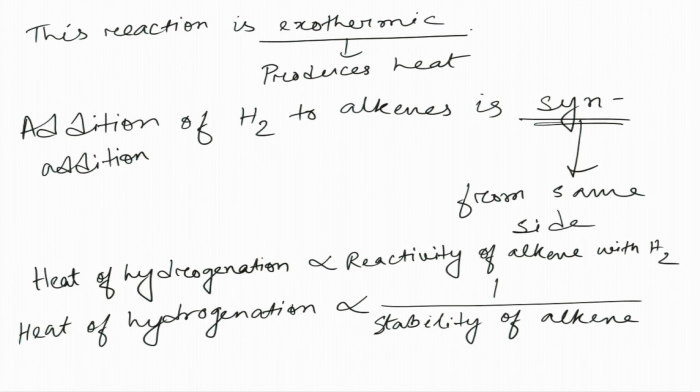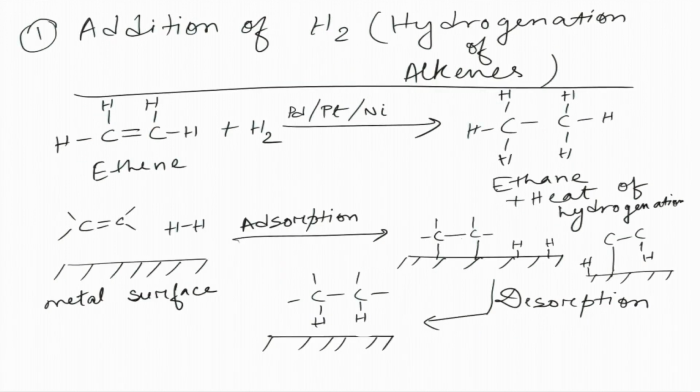A stable compound does not want to react. So, when the stability of the alkene is high, its reactivity will be very less, so the heat of hydrogenation produced will be very less. So, this is the method of addition of hydrogen to alkenes by which we get the corresponding alkane.